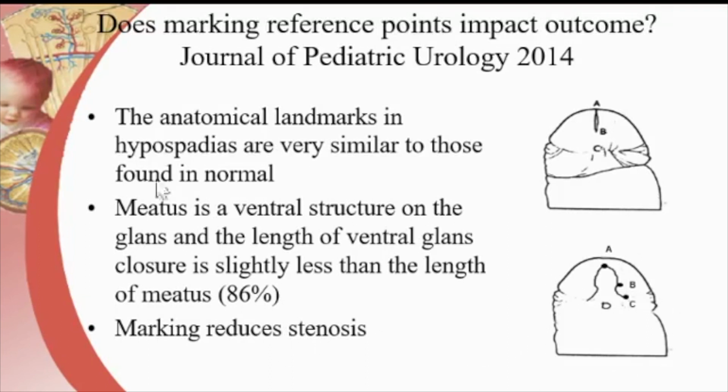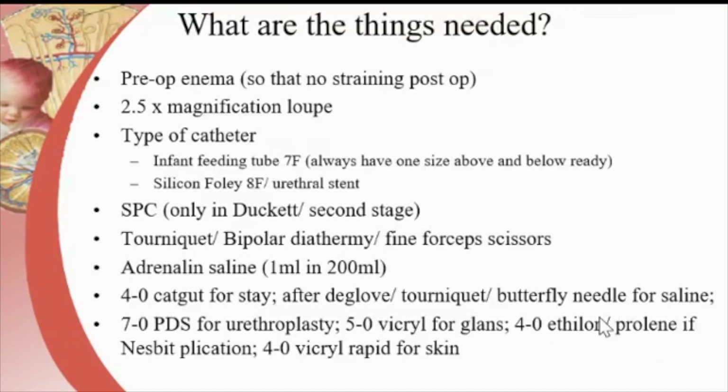So you can see the point A, point B, and point C in hypospadias patients also. The reason is, when we start making incisions, we should not go beyond this point B, because if we keep on going further, then we end up producing meatal stenosis. So that is something which is very important. And we published that the marking of the meatus is essential to reduce the stenosis.